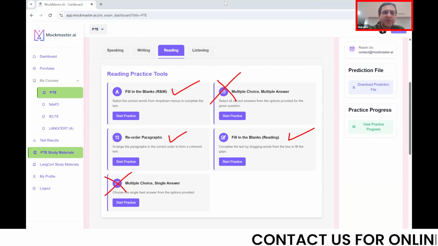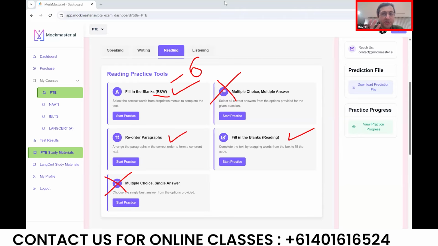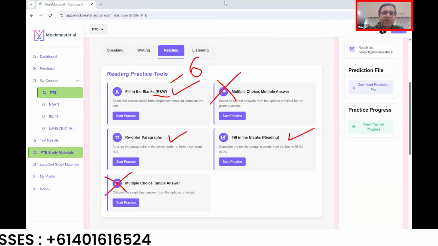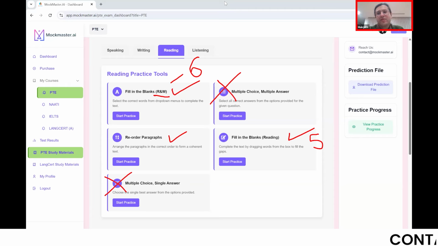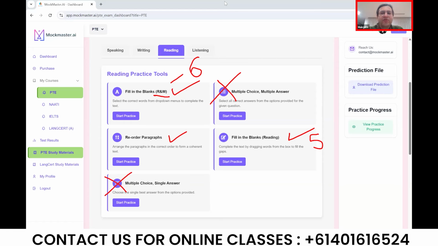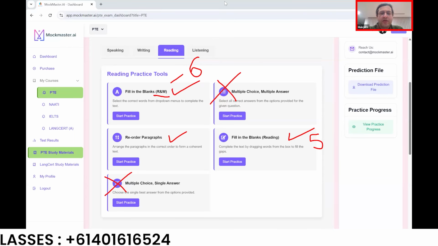For the first task, which will always be drop down fill in the blanks, you'll get 6 questions generally. For drag and drop blanks, you'll get 5 questions. Total 11 questions. In each question, 4 to 5 blanks. So 11 into 4 is 44. 11 into 5 is 55.